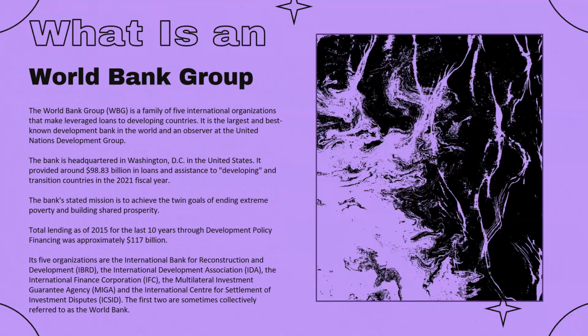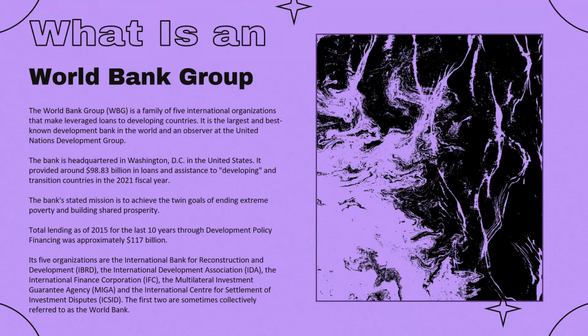It provided around 99 billion in loans and assistance to developing and transition countries in the 2021 fiscal year. The bank's stated mission is to achieve the twin goals of ending extreme poverty and building shared prosperity. Total lending as of 2015 for the last 10 years through the development policy financing was approximately 117 billion.